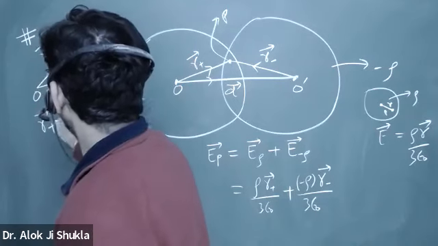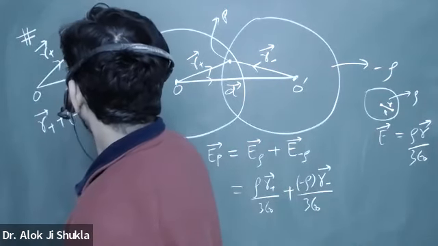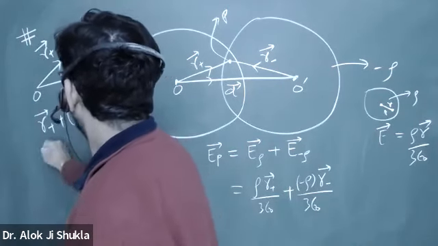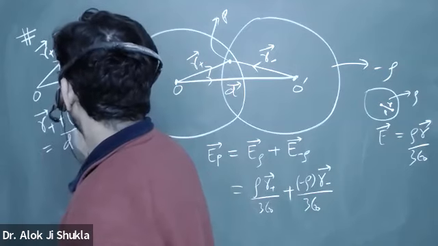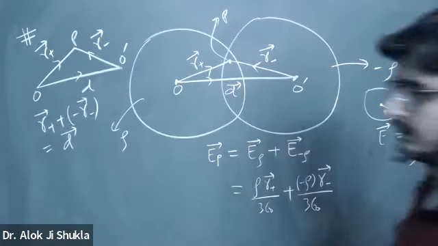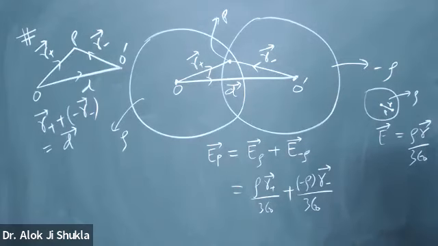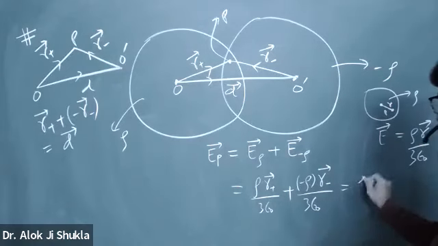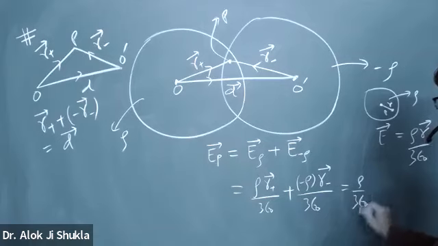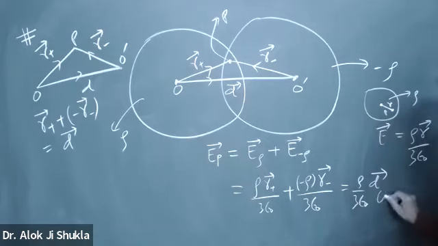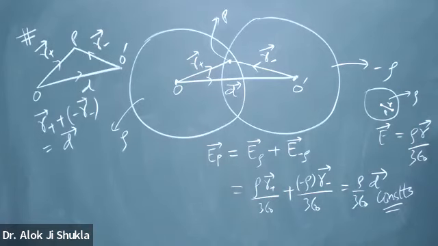So tail to head plus tail to head is equal to tail to head. This is the triangle law. So you can write here rho by 3 epsilon naught times D, which is constant, independent of distance, only depending on the distance between two spheres, which is fixed. So this is also a very nice question.